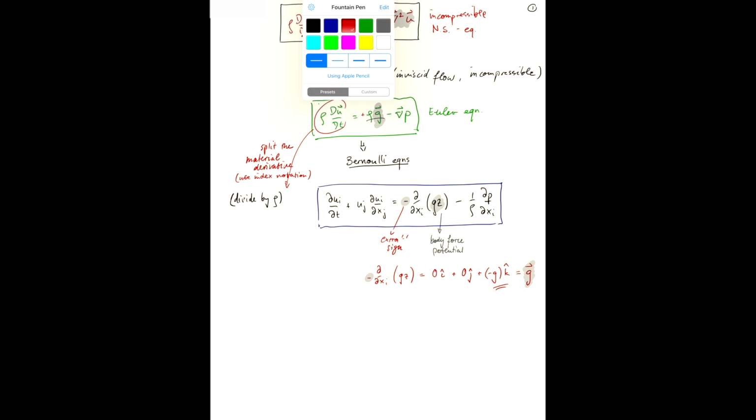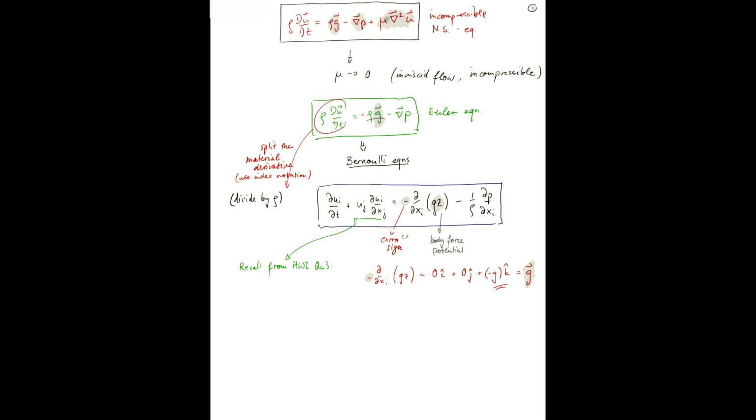Let's look at the second term in the material derivative here and recall from homework 2, question 3, that we can write this term uj dui dxj as, and here I've substituted Q as the kinetic energy, and that is really just a half uj squared.